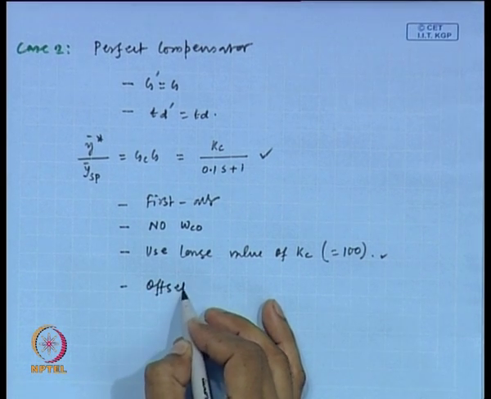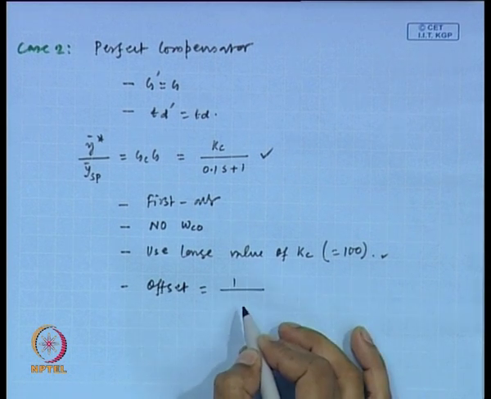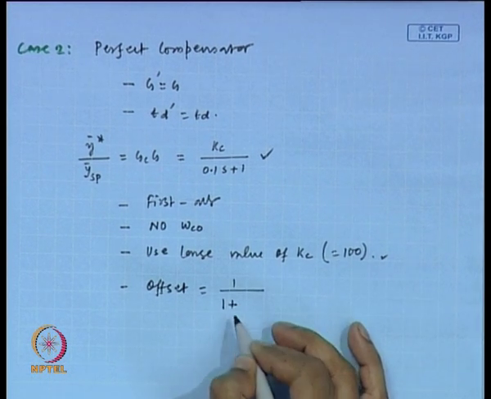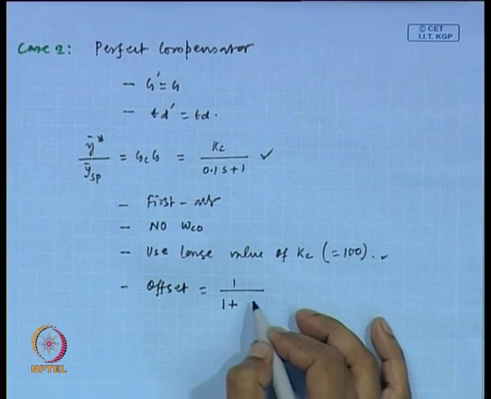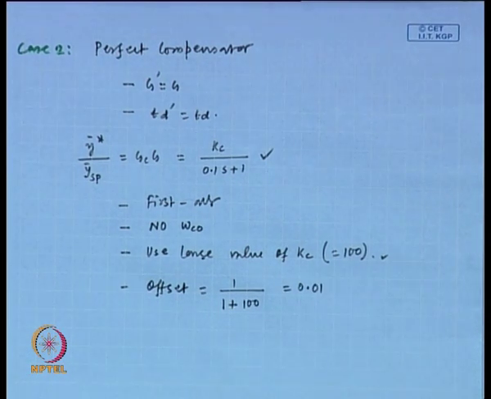If Kc is 100, what will be offset? 1 divided by 1 plus Kp Kc, that is 0.01. Fine. Without using dead time compensator, we got 0.48.